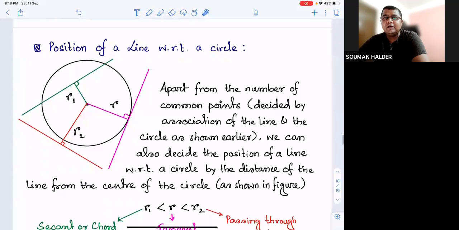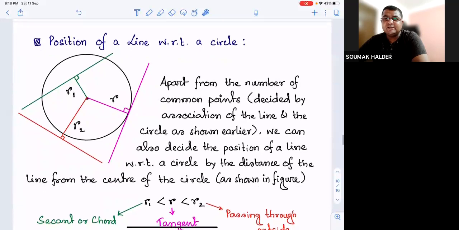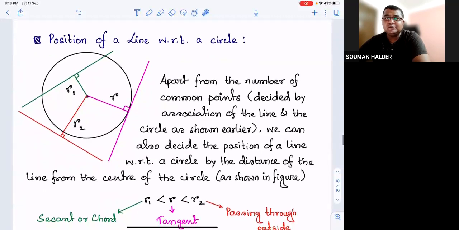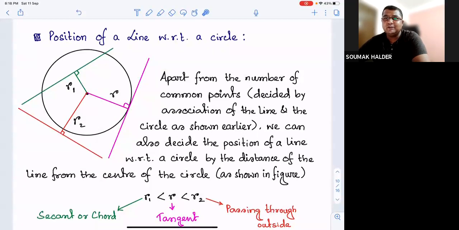Over here, the r1 distance, which is less than the radius, will take us to a secant or chord generating line. The perpendicular distance being r itself will confirm the line to be a tangent, and distances found more than the radius confirm a line passing through outside, or a line that does not come into contact with the circle.